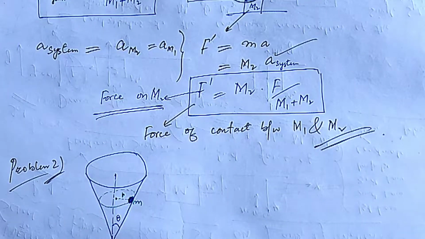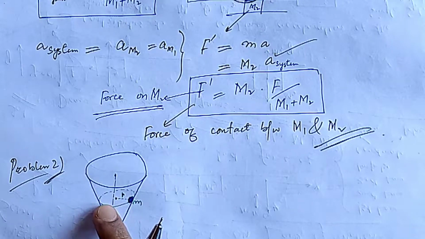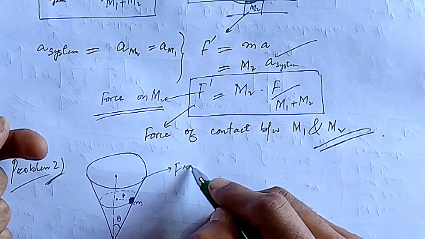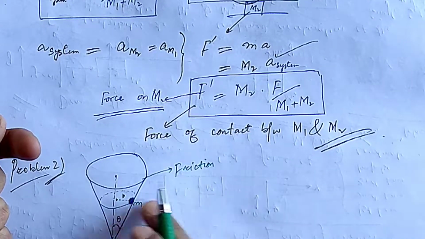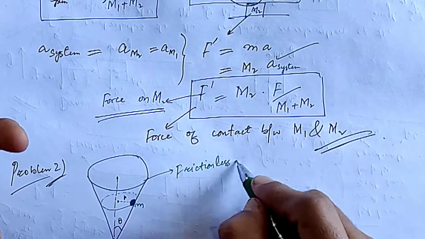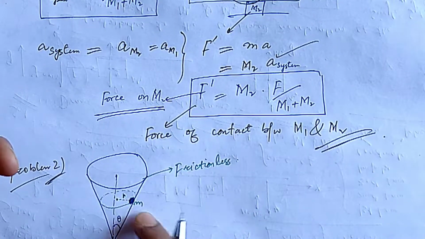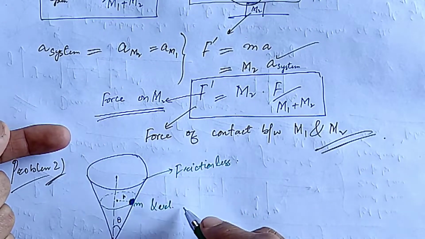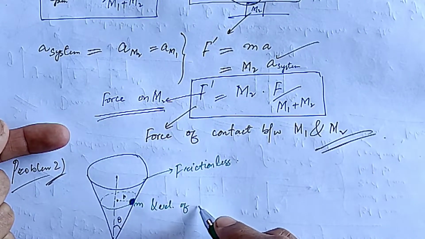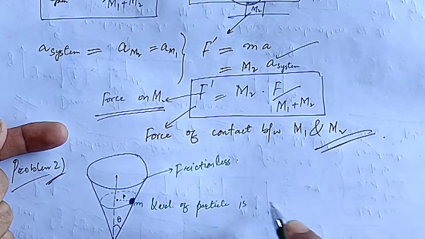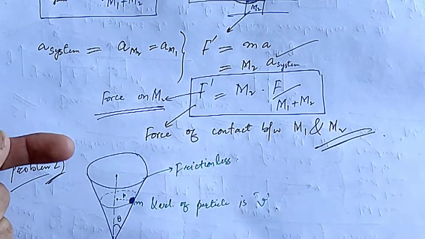Keep that in mind. This half angle is theta, and the mass of the particle is m, moving in circular motion inside a cone which is frictionless. This is the problem: a frictionless cone, a body moving inside it in a circular motion, with mass m and velocity v.